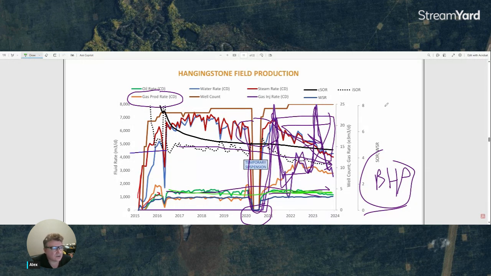So water to steam ratio, cumulative steam to oil ratio, instantaneous steam to oil ratio, steam rate, gas injection rate, water rate, well count, which barely changed, right? It's about 25. Oil rate and gas production rate.